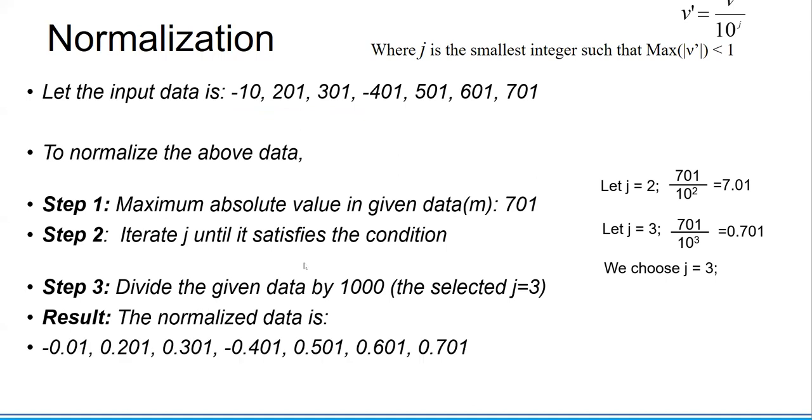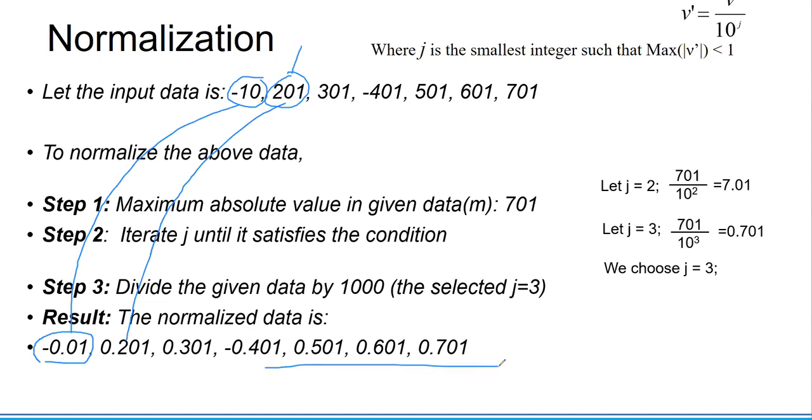After we have the value, you can see that this minus 0.01 is the result of normalization from this value, 0.201 is the normalization result from this value, and so on. So this is the normalized data.